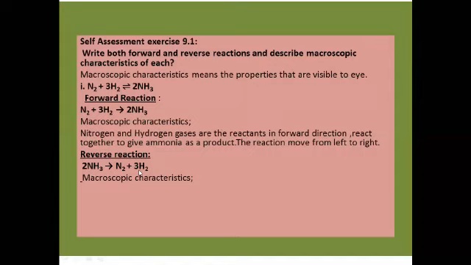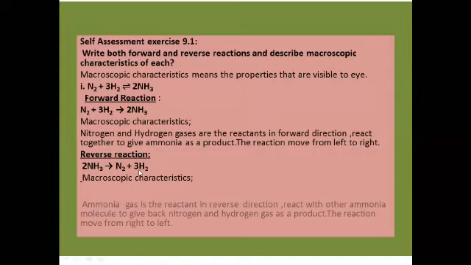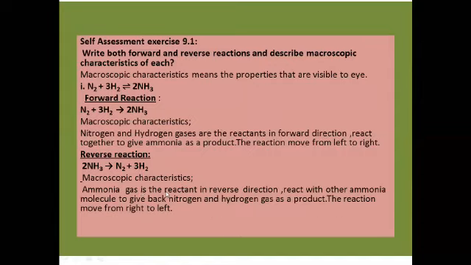Macroscopic characteristic: ammonia gas is the reactant in the reverse direction, reacting with the other ammonia molecule, since there are 2 ammonia molecules, to give back nitrogen and hydrogen gases as products. And the reaction will move from right to left.